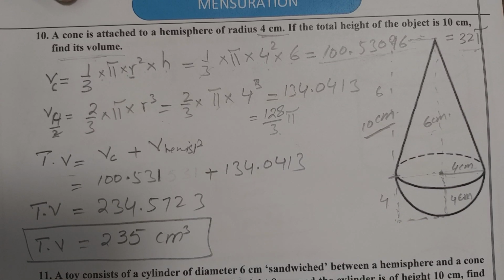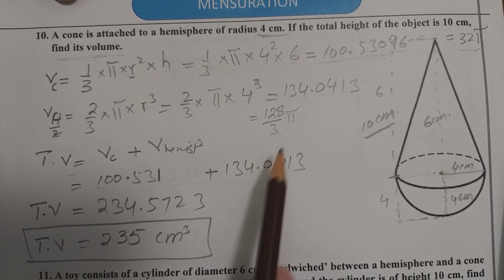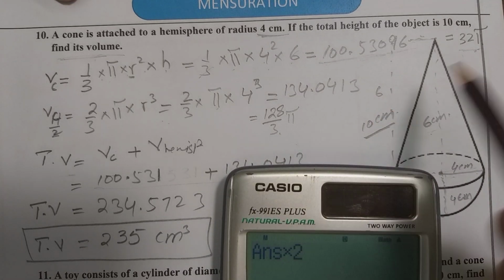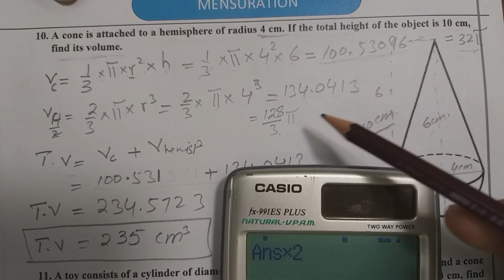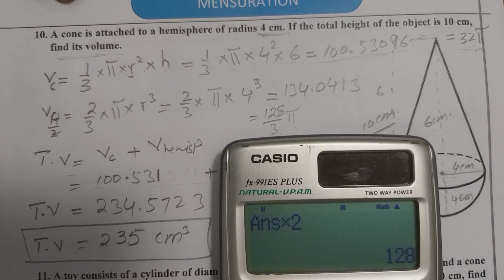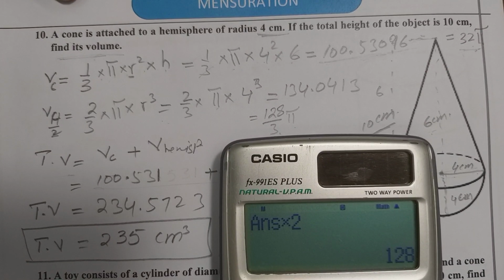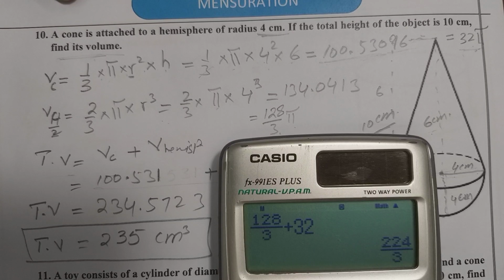When you add these two, 32 and 128 over 3, pi is common between them. So 128 over 3 plus 32, multiplied by pi.